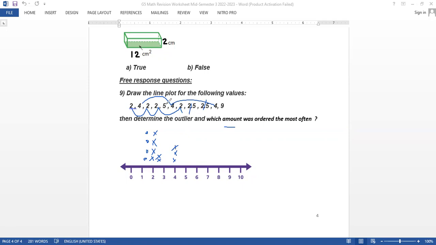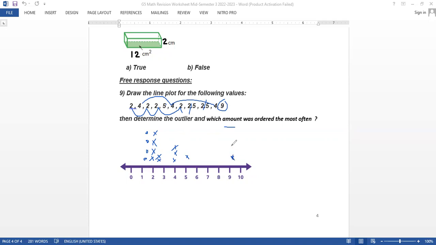Then the next value is 5. We have only one 5. Now the next value is 9. It has 1 value, so I put 1 x.